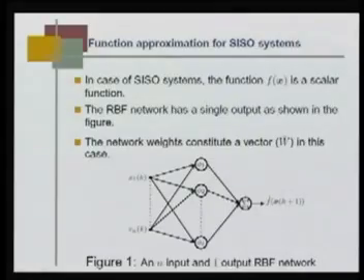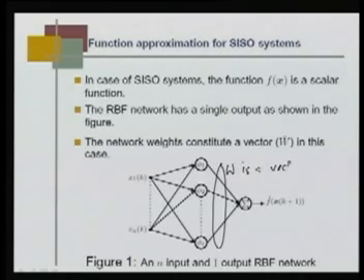So, you see that when we did it using a single input single output system, we had a radial basis function network that was estimating what is f(x). So, if you see the weight vector here, which is w, this is a vector, and how many dimensions?